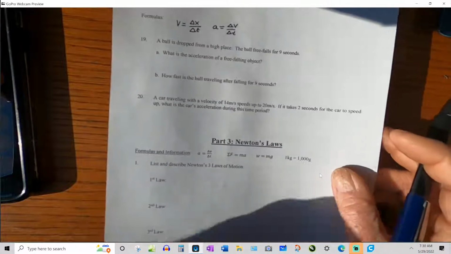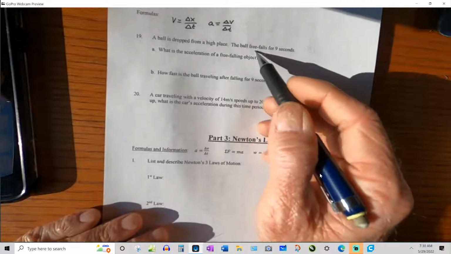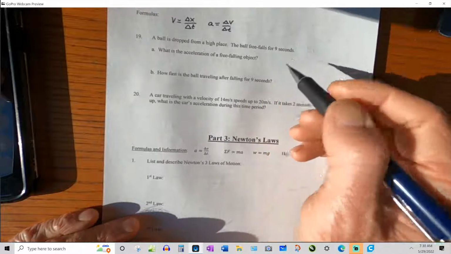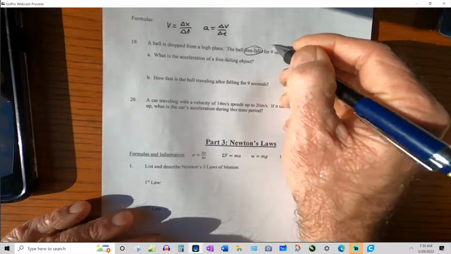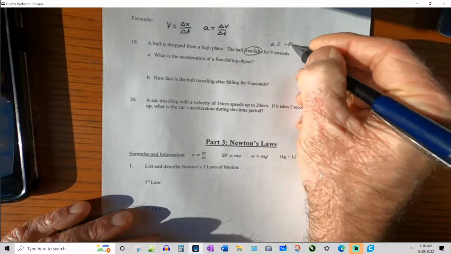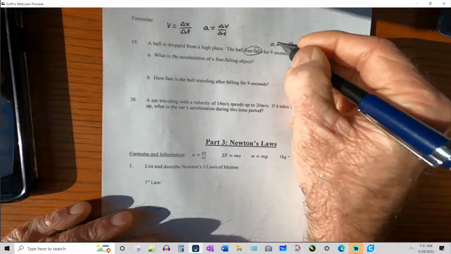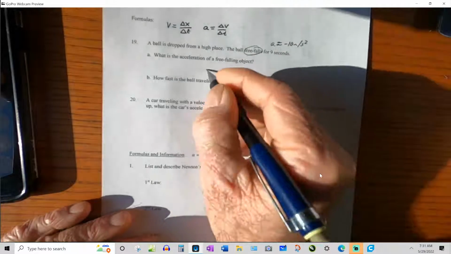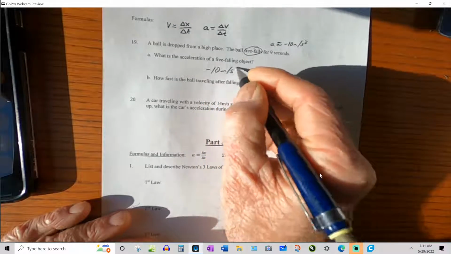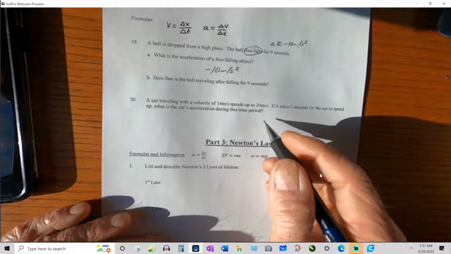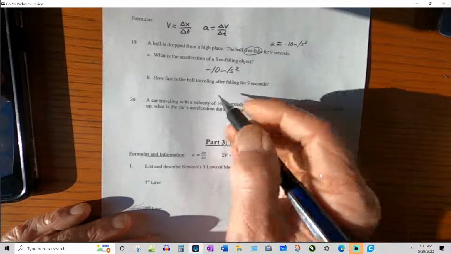Almost done. Ball is dropped from a high place. The ball free falls for 9 seconds. So free falls, that tells us the acceleration is -10 meters per second squared, or about. That's the number to use. What's the acceleration? -10 meters per second squared. How fast is it traveling after 9 seconds? Well, you can just count seconds.